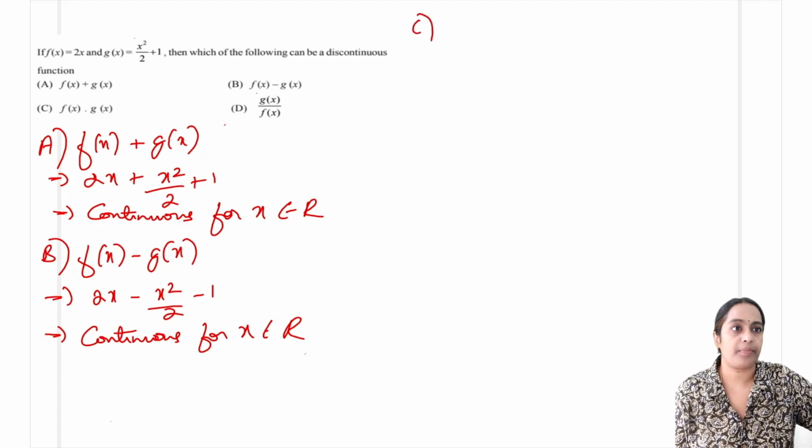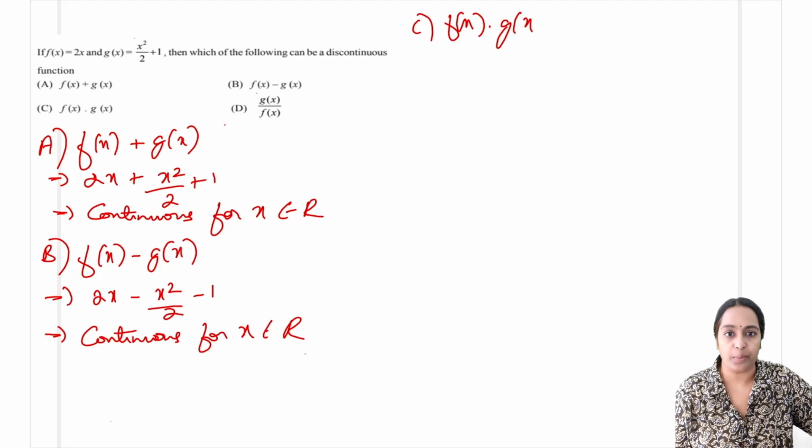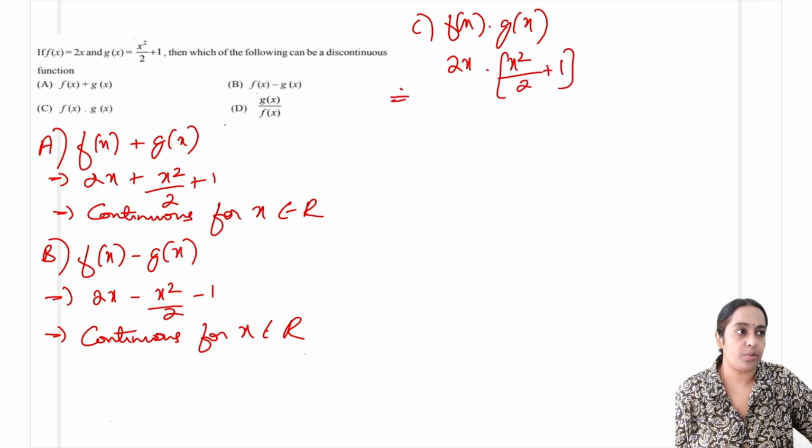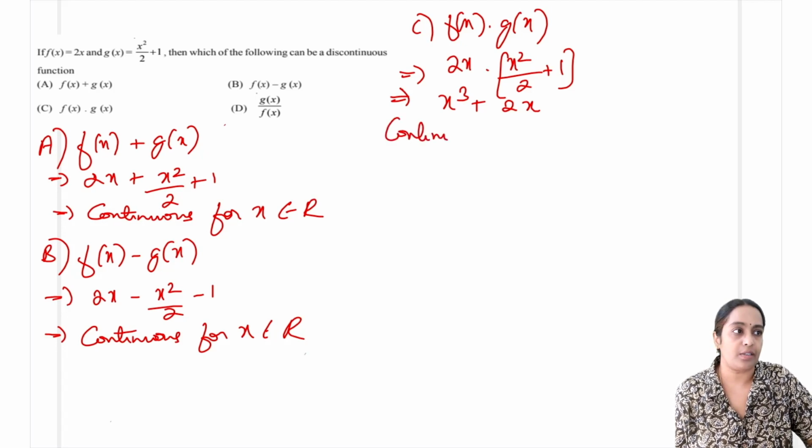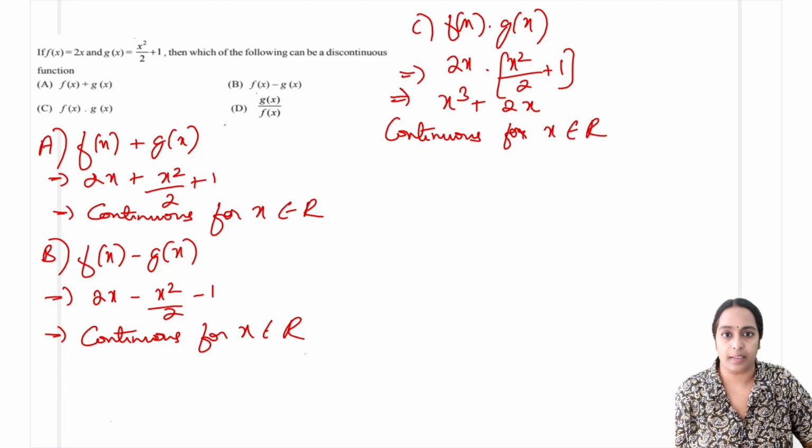Option C. Option C is f of x multiplied with g of x. So f of x is 2x multiplied with x squared by 2 plus 1. So this is going to be 2 cancel. It's going to be x cube plus 2x. So this is again a cubic polynomial. Again it is continuous for all x belongs to real number set.